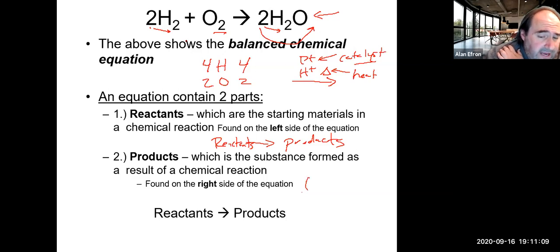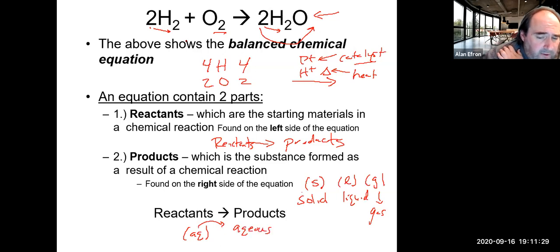We may see an S written in parentheses, an L, or a G. This means it's in the solid state, the liquid state, or the gas state. We also sometimes see AQ written next to something, and this means aqueous, which basically means it's a water environment.